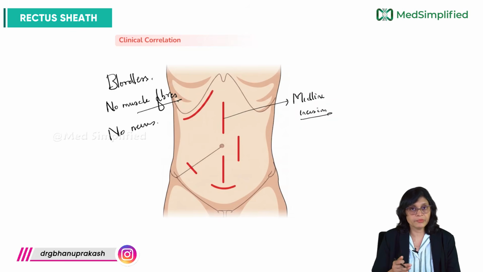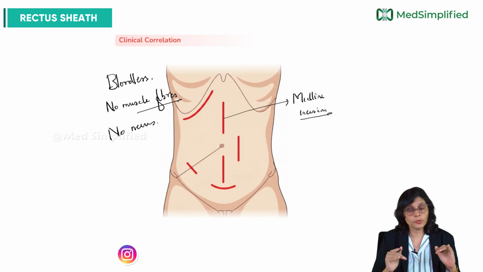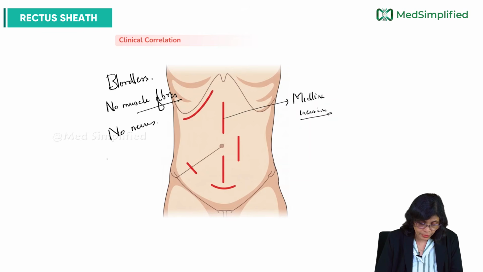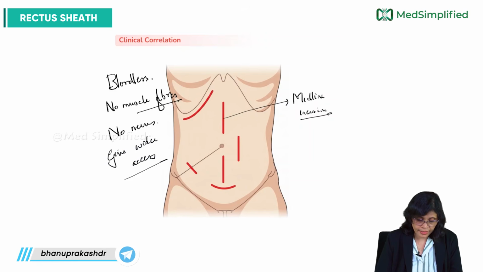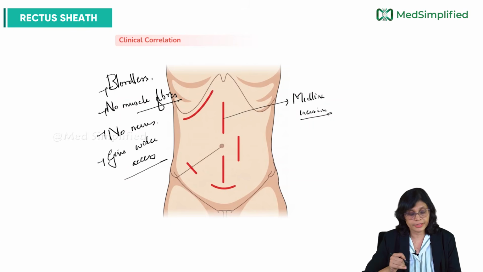And since it is midline, it gives access to both the right and left sides of the abdominal cavity, a wider access. These are the advantages of making a midline incision.